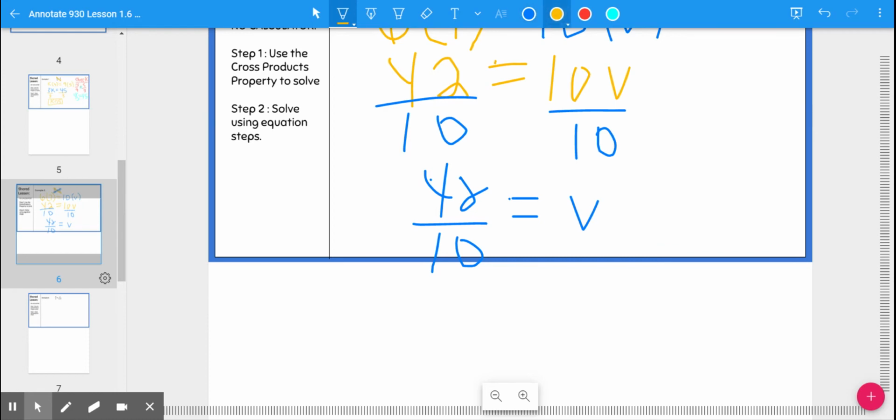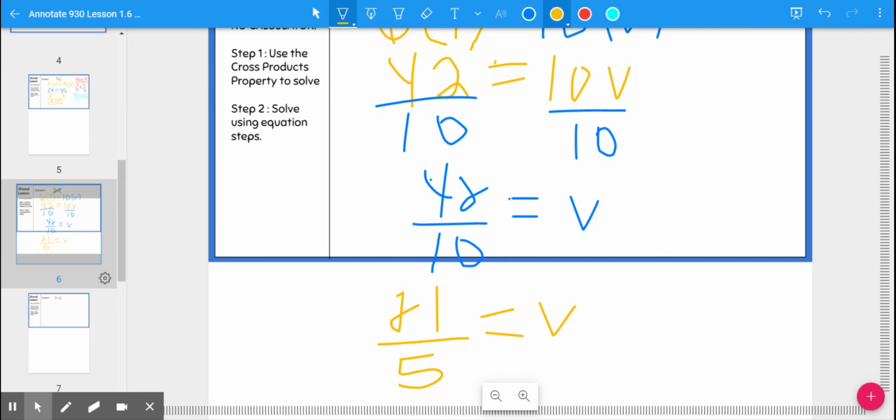So 42 over 10, I know I can simplify that by 2. 42 divided by 2 is 21. And 10 divided by 2 is 5. So now I have 21 fifths is equal to v.